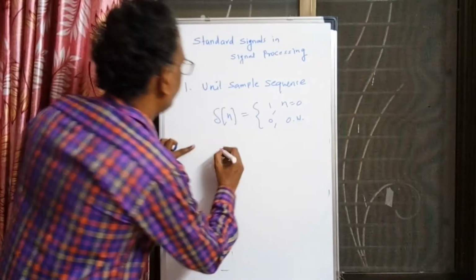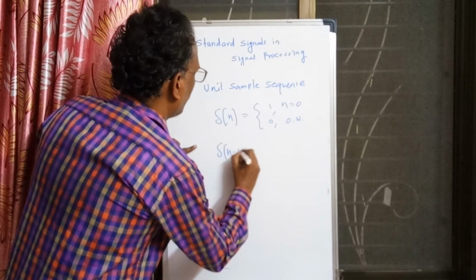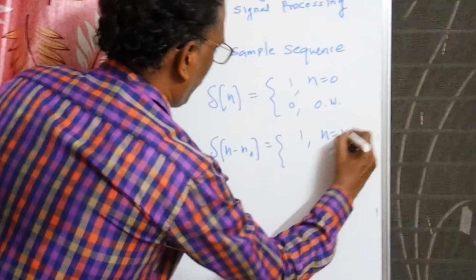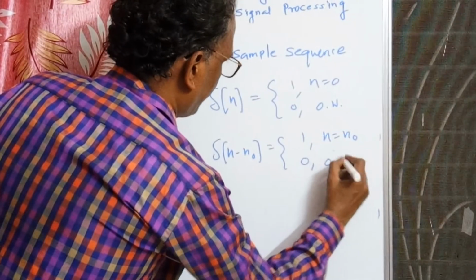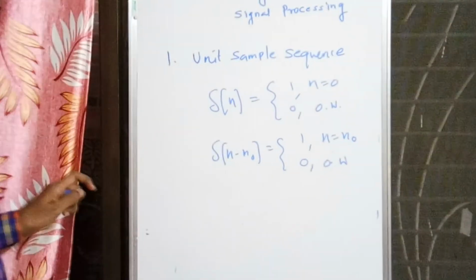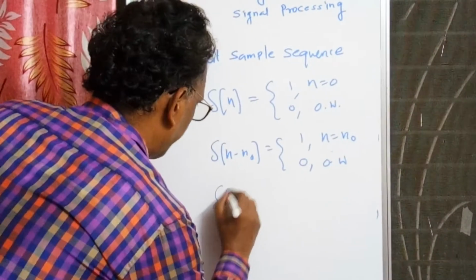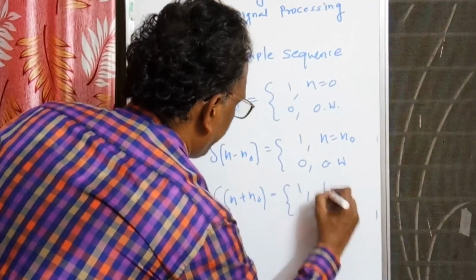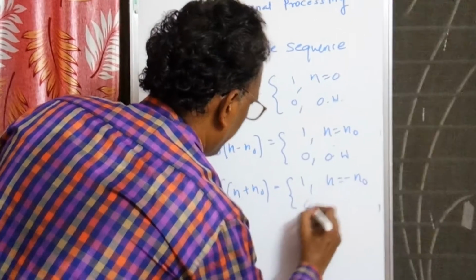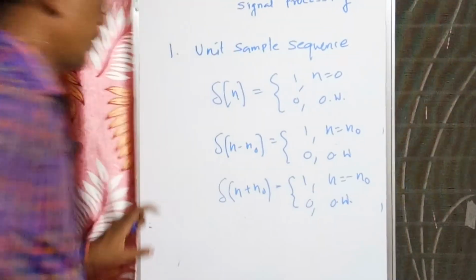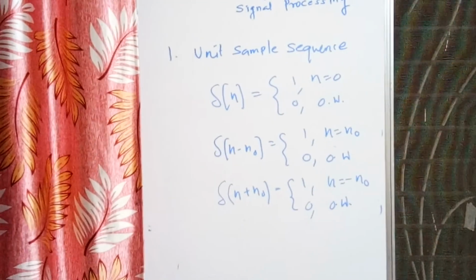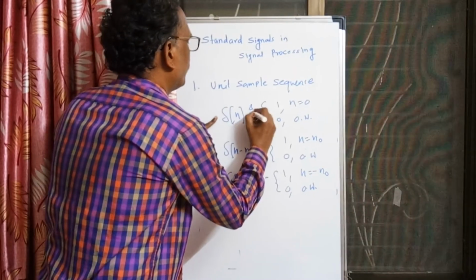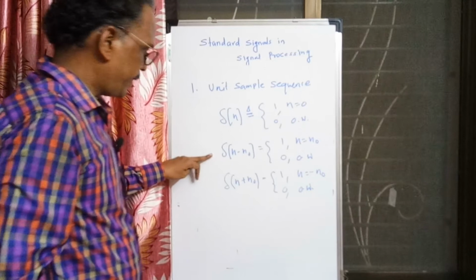If you shift this by n naught, that amplitude 1 will go at n naught and it is 0 otherwise. So the signal is shifted towards right by n naught. If you shift it towards left by n naught, then the amplitude will be 1 at n equal to minus n naught, and 0 otherwise.